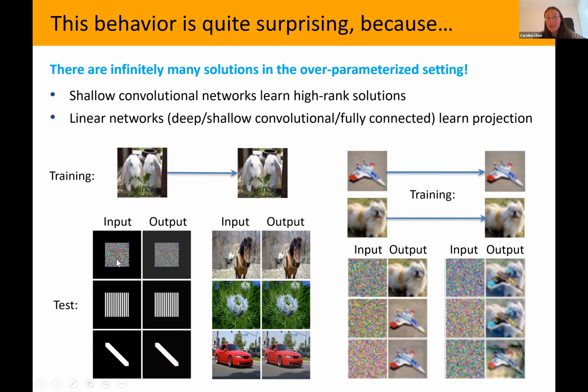If you use a shallow network, you learn something that looks kind of like the identity map, but not quite, and I'll show you that it isn't. And if you use a linear network, you learn linear combinations, like the negative of the dog, and any linear combination of these things.